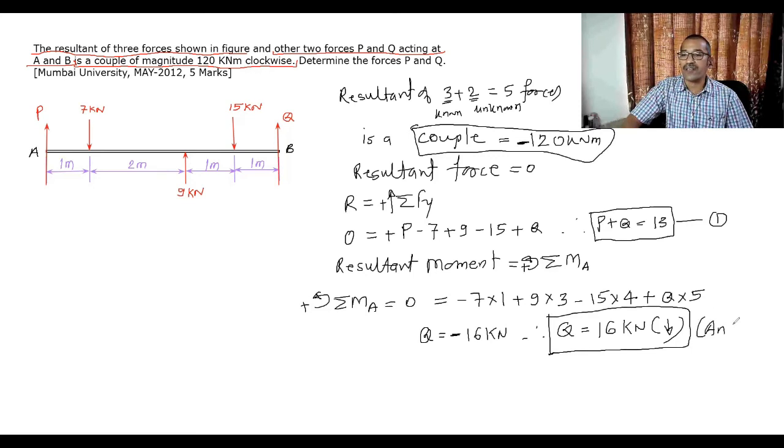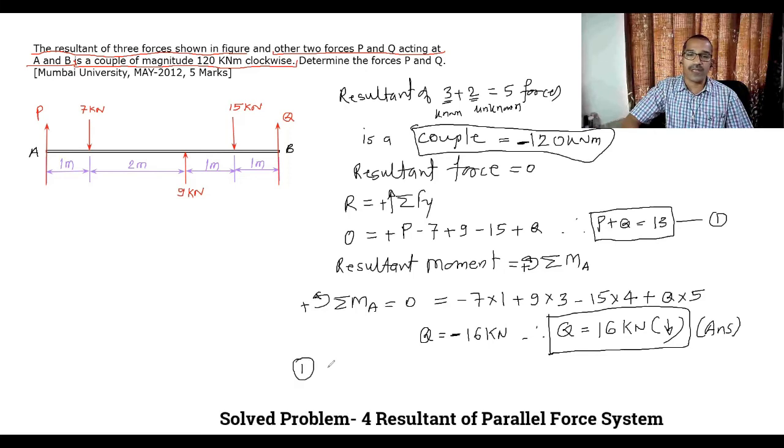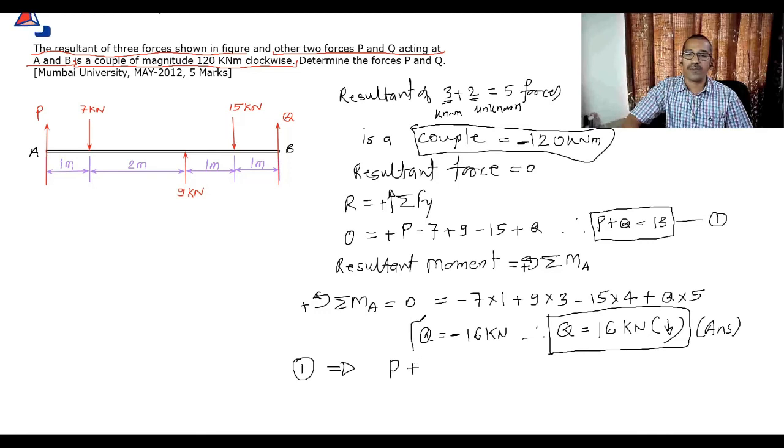This is our answer. Now to find the other force P, in equation number 1, we substitute this Q value. So P plus Q, but the Q we got is a negative answer, so P minus 16 equals 13.